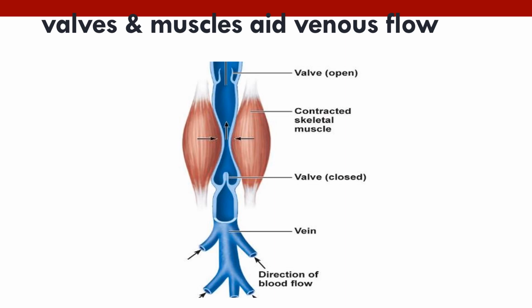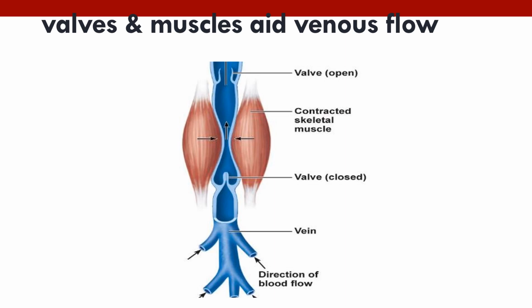Last but not least, we're going to talk about how valves and muscles work together to aid venous flow. I mentioned that by the time flow reaches the veins, there's very little blood pressure. To give a little more extra blood pressure, a little more oomph, deep veins run through skeletal muscle.